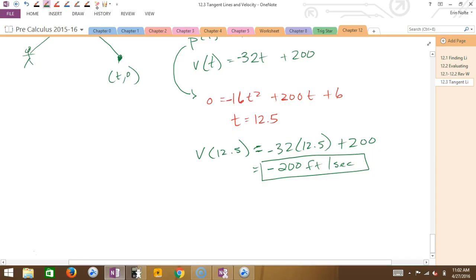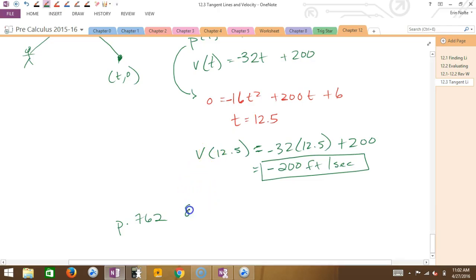Okay, so I want to take a look at our textbook, and I'm going to give you some more problems to do with the slope and such. Page 762, and I'll write this up there. Let's do those four.